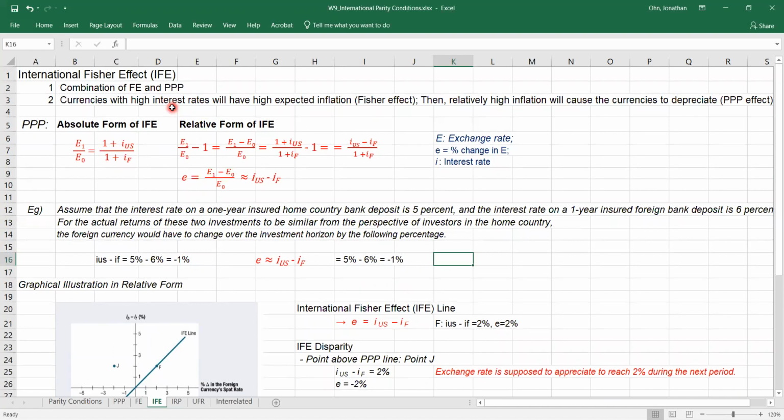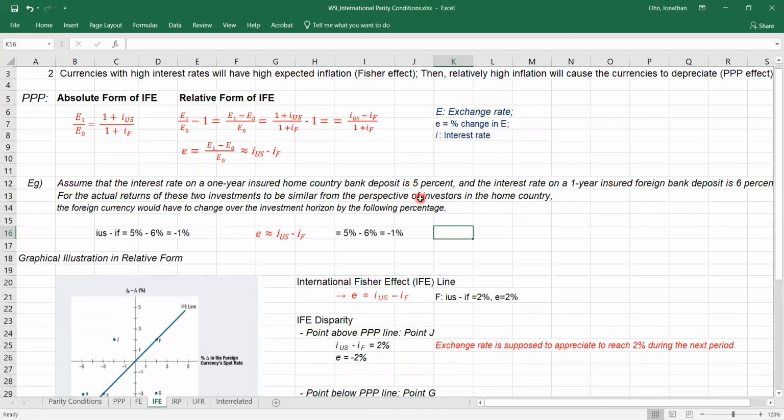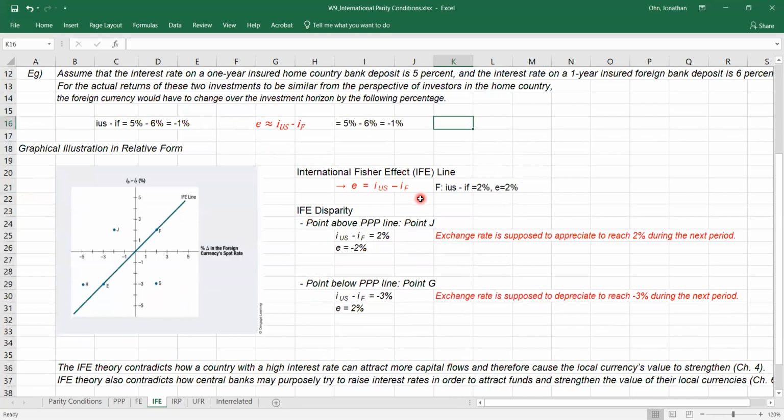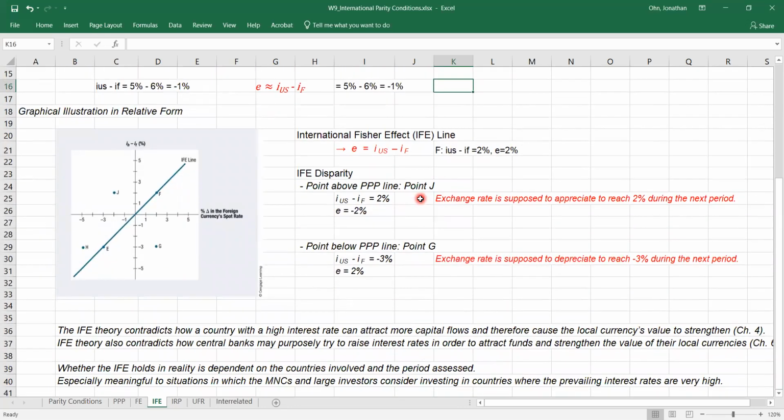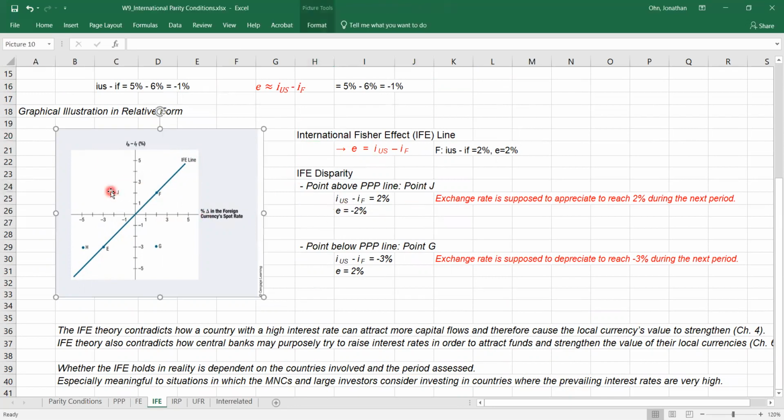Let me explain this one again graphically. The international Fisher effect is this 45-degree line, the IFE line. And then disparity, let's use point J. J is here, right?